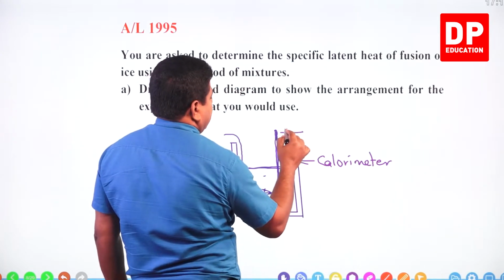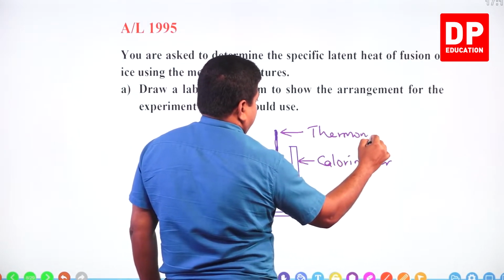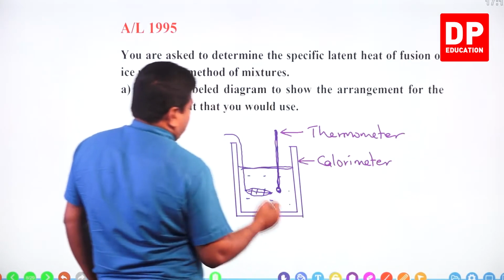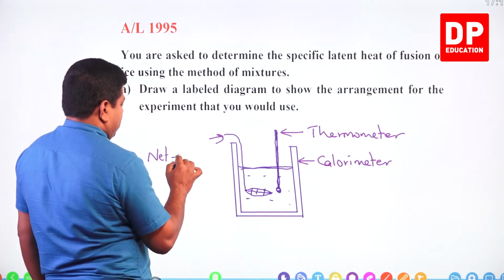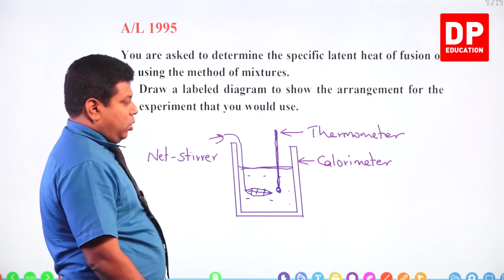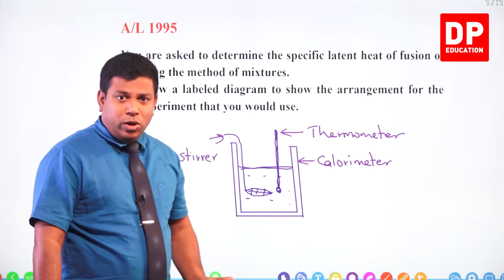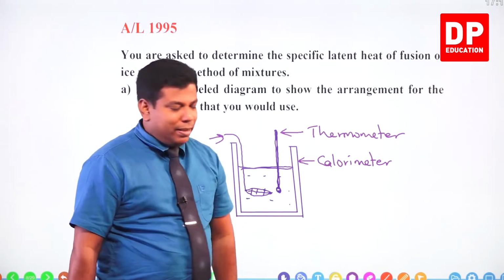Calorimeter, thermometer, net stirrer. That's all. We can't draw the 3-beam balance and show it here. You can't draw the ice cubes and show it. So this is the arrangement. Then you put the ice cube into that and mix it. Simple as that.